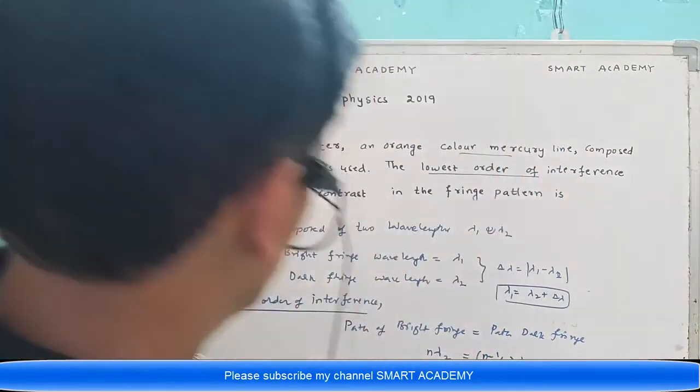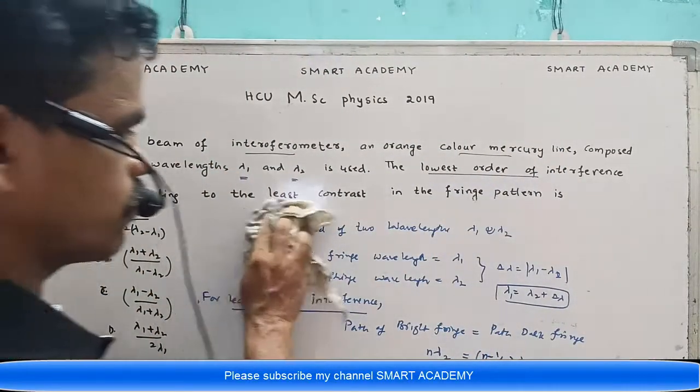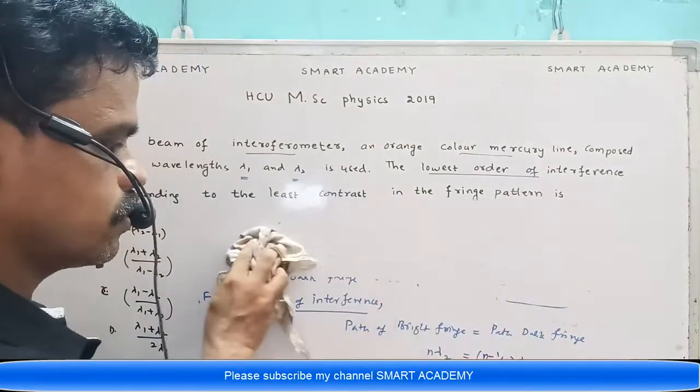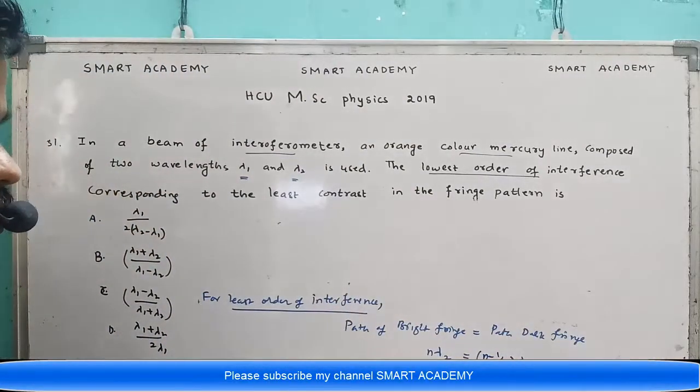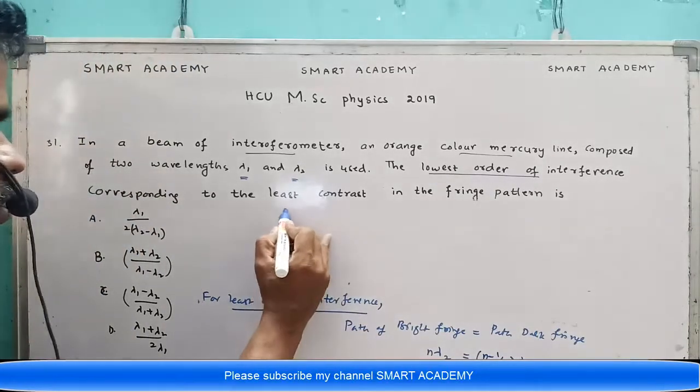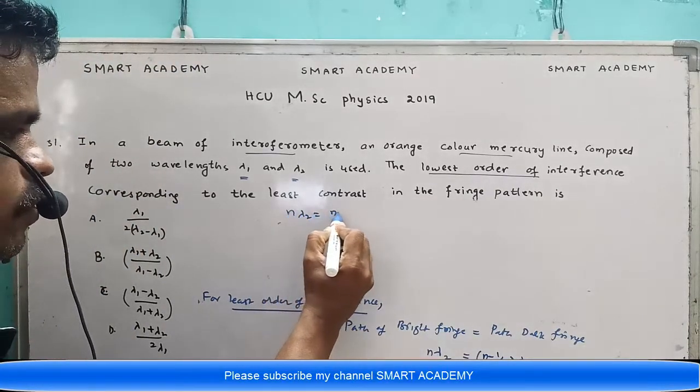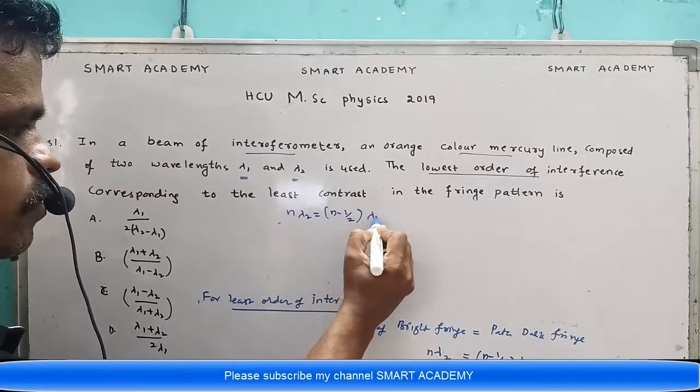So this is the relation for least order interference. See here, lambda 2 is the bright fringe, lambda 1 is the dark fringe. So n lambda 2 equals n minus half of lambda 1.